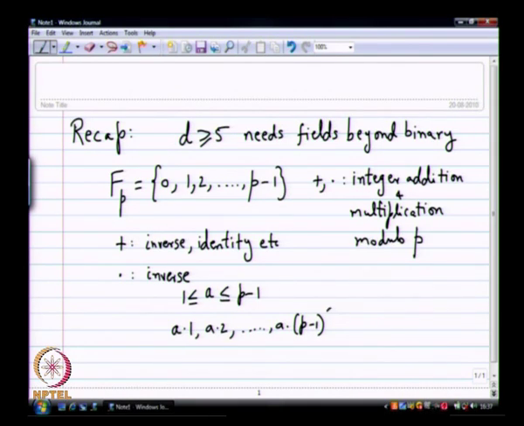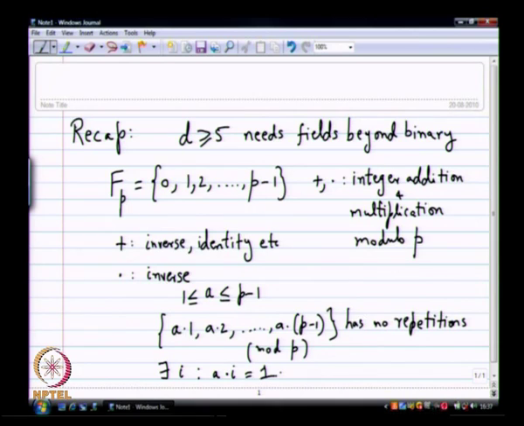Remember it's all modulo p. All of them are non-zero, they lie between 1 and p minus 1, and there are no repetitions, which means clearly there exists i such that a dot i equals 1. That was my quick argument for why this has to work.